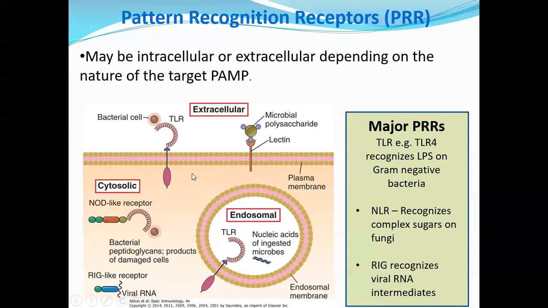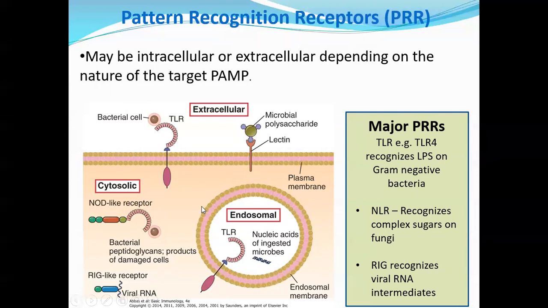Toll-like receptors are mostly expressed on the outside of cells, but there are also other toll-like receptors internally, like in the vacuoles within the endosome of the phagocytic cell.